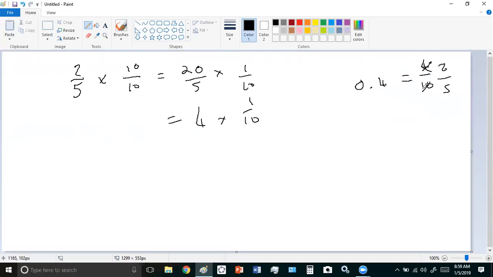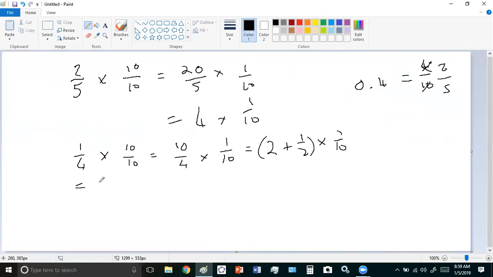And if we cancel this out, we're going to get 2/5, right? Of course, if you had something like a quarter, it would be a slightly longer process because it would be 10/4 times 1/10, which is the same as 2 plus a half times 1/10, which is the same as 2 times 1/10 plus a half times 10/100.